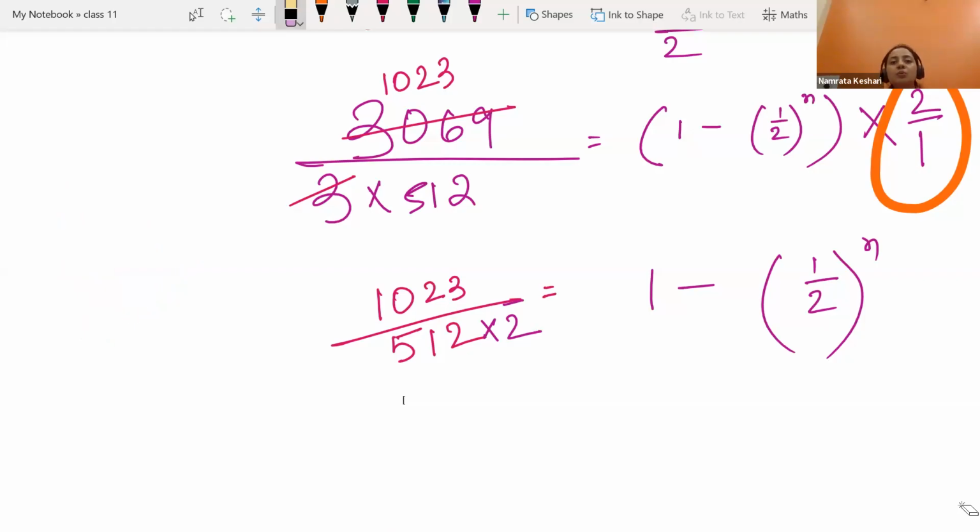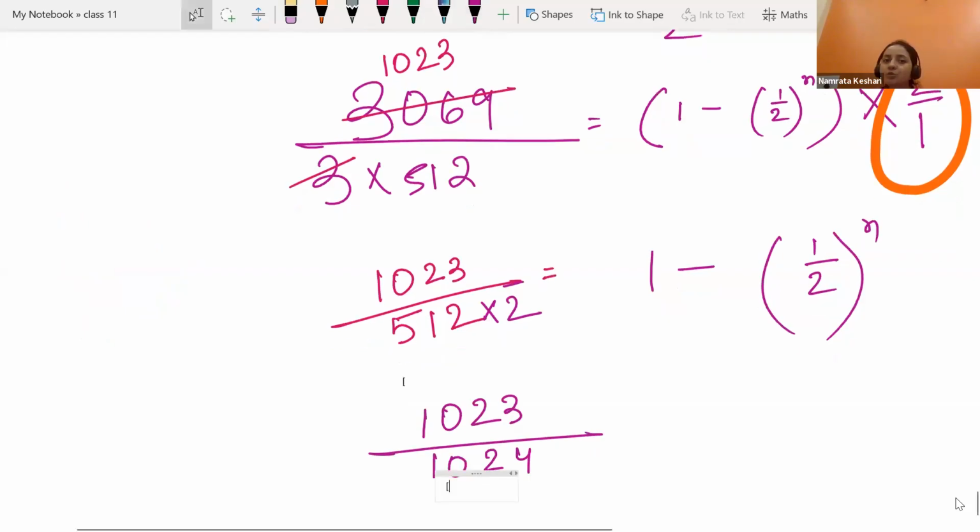But the denominator is not. So anyway, we have to proceed. We are having 1023 by 1024. Any doubts so far, Manvi?